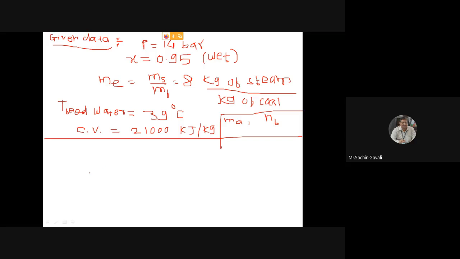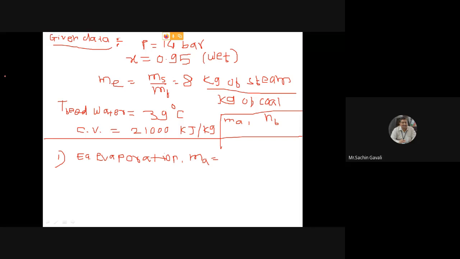Then write down the formula of equivalent evaporation. ME is equal to, who will tell?